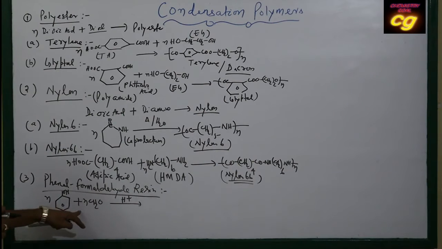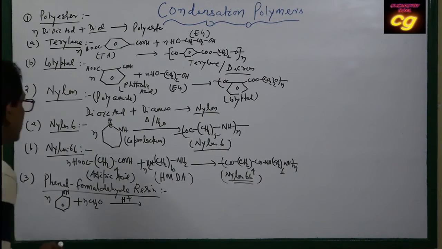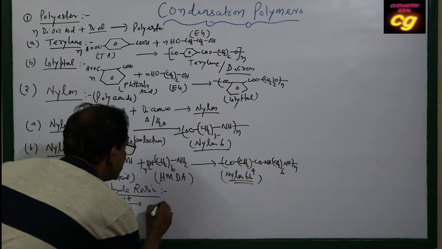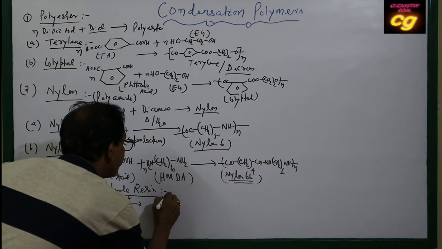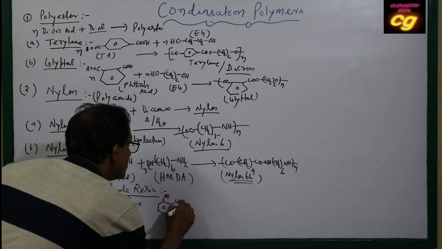You know phenol generally gives ortho-para substituted products. So here CH2O in the presence of acid acts as an electrophile and attacks the ortho position of phenol. So condensation takes place. The reaction will be like this: OH, then CH2.